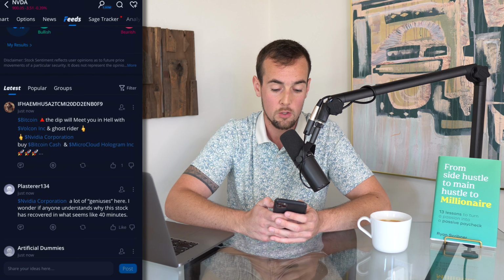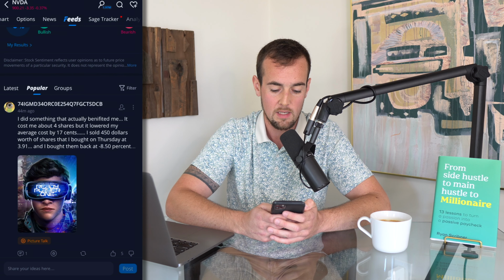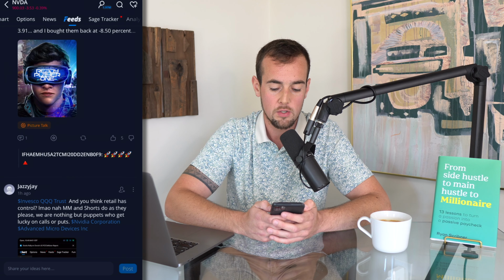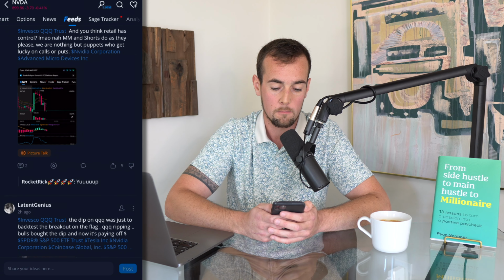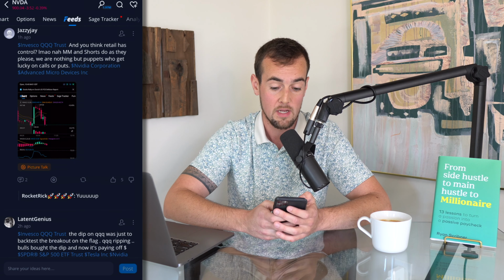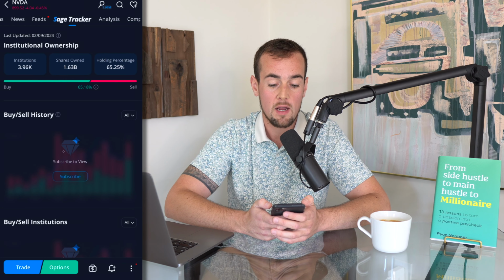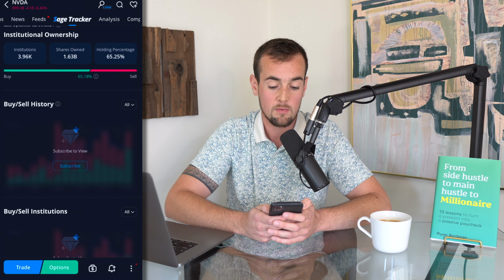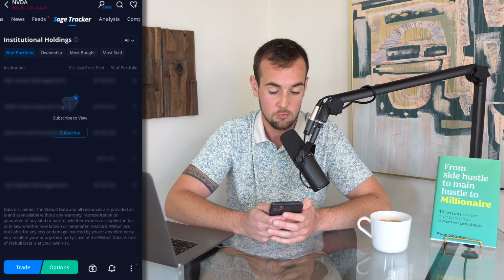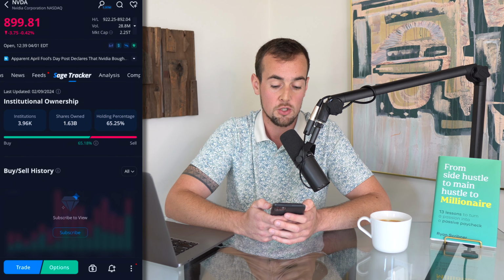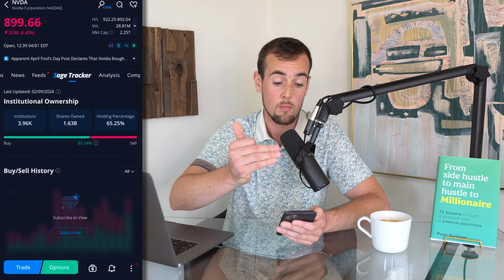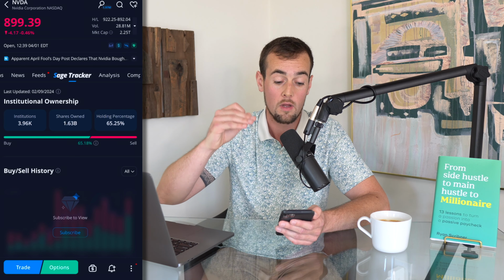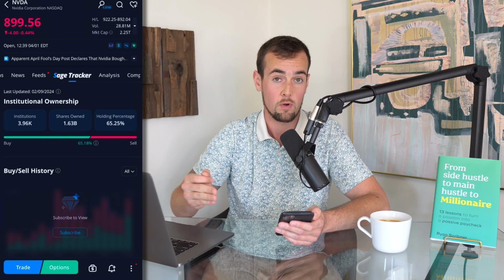And if we scroll down here, we can see popular posts as well as the latest posts related to NVIDIA stock, where people are talking about this particular stock. This tab here called Smart Tracker is new to me, but this looks like a way to track institutional ownership. Some of this requires a premium subscription to view, but you can get a general idea on whether or not most institutional buyers are buying or selling at this point in time.